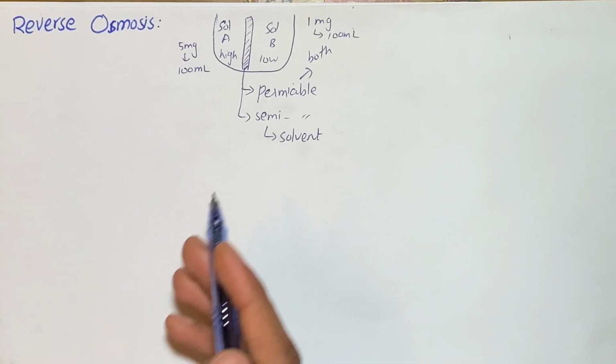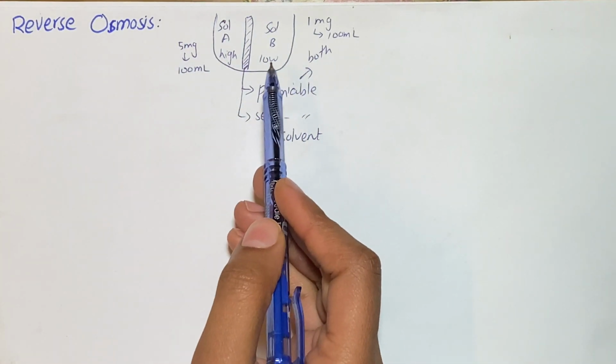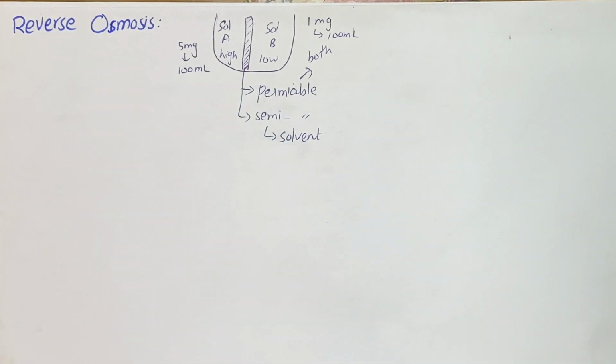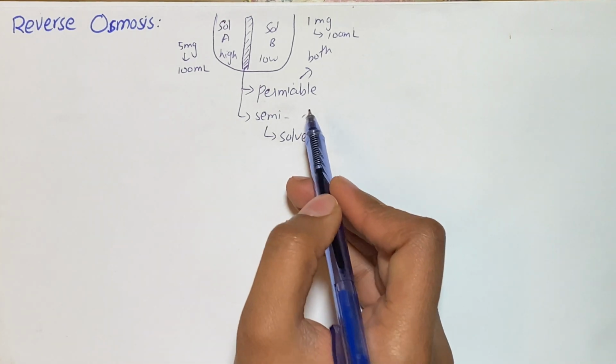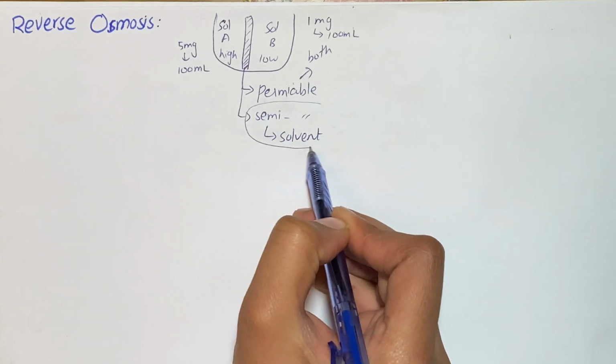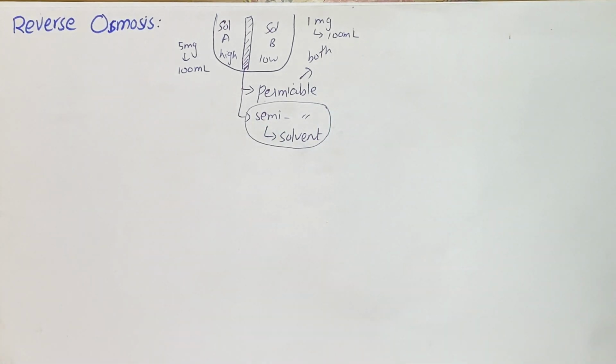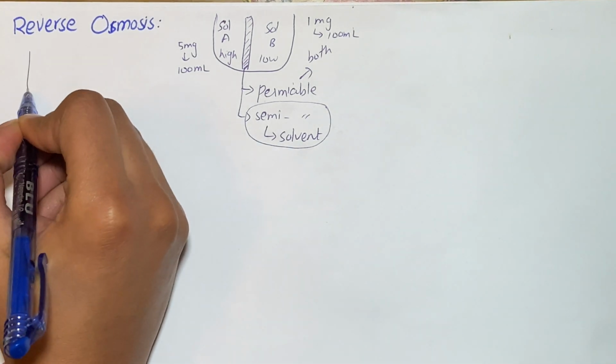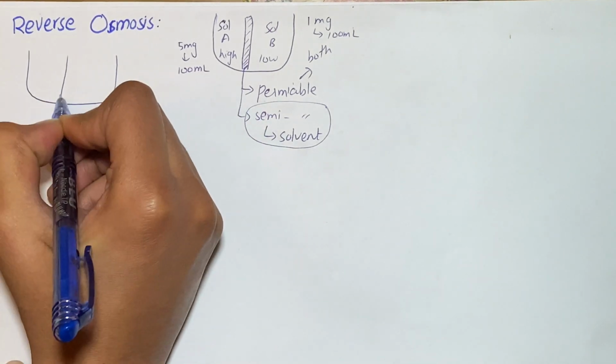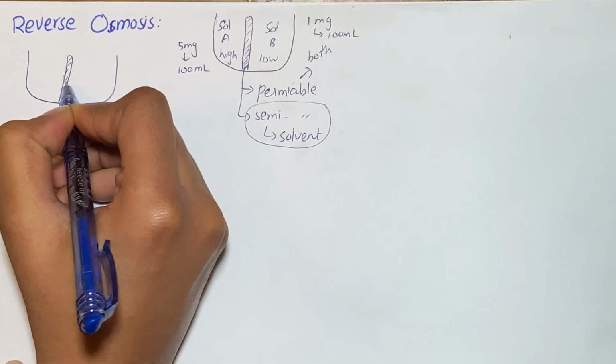So reverse osmosis is actually a reversal of this normal phenomenon of osmosis. In osmosis and reverse osmosis, only a semi-permeable membrane is considered, which allows only solvent molecules to pass across the membrane. So normally in osmosis there is a movement of solvent molecules from low concentration of solute to high concentration of solute, but in reverse osmosis it is the opposite.